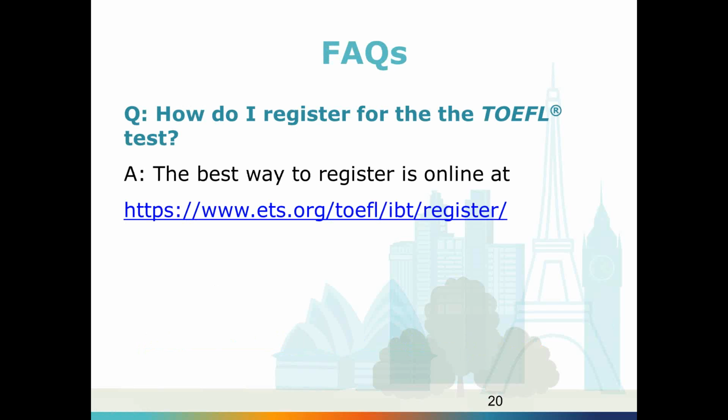The way that you register for the TOEFL test is online. When you register online, what will come up is a city, but when a student actually creates their own login and registration ID, if they say, for example, they want to do a test in Sydney, once they've registered and said that they want to do a test, they'll get a drop-down menu of the various test centres, so they can actually select which test centre they want to go to.